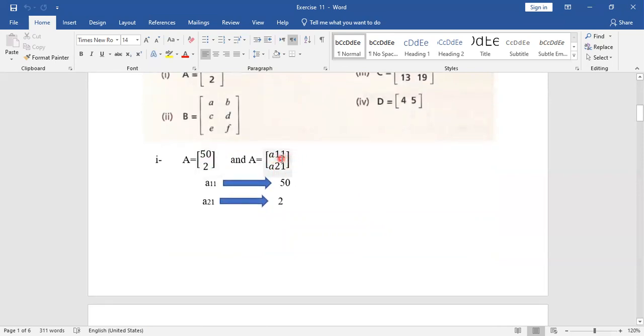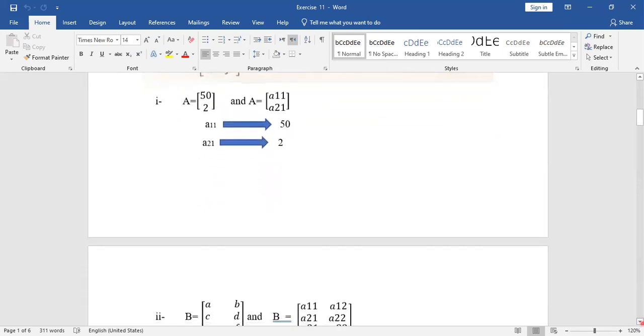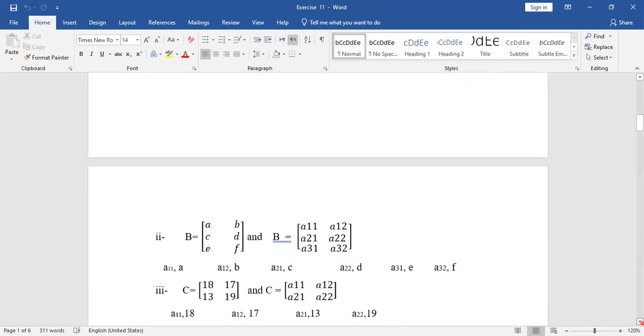So A11 shows first row, first column, and then 2 is second row, first column. A11 locates 50. A21 locates 2.